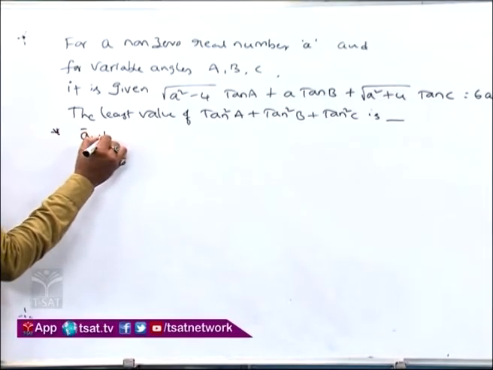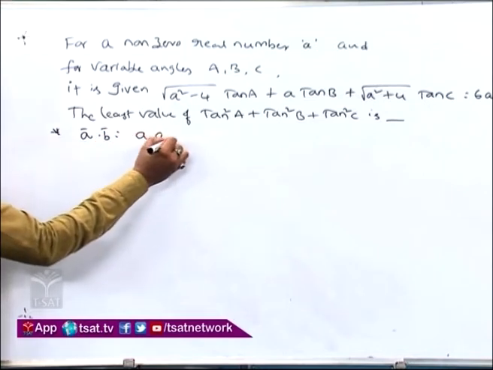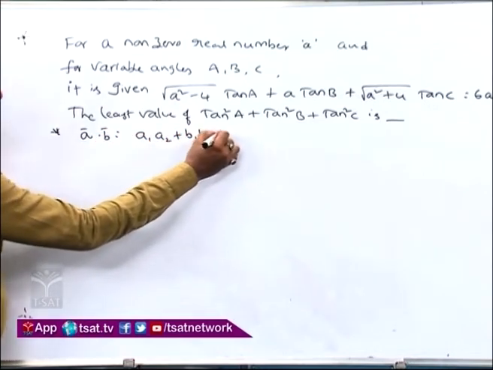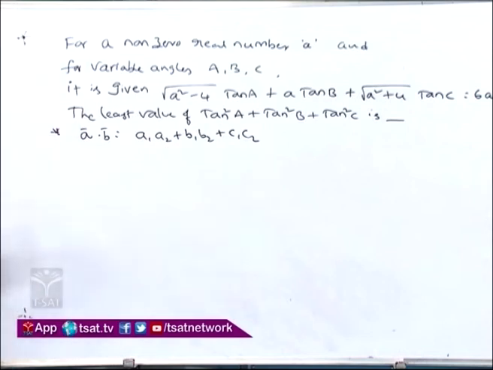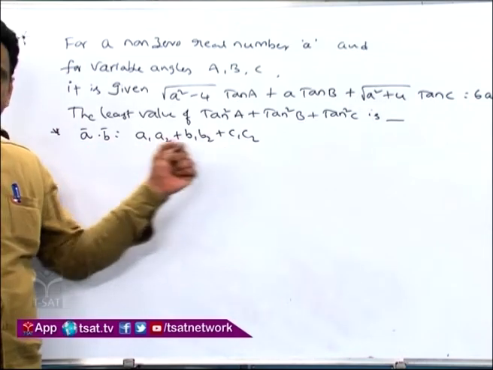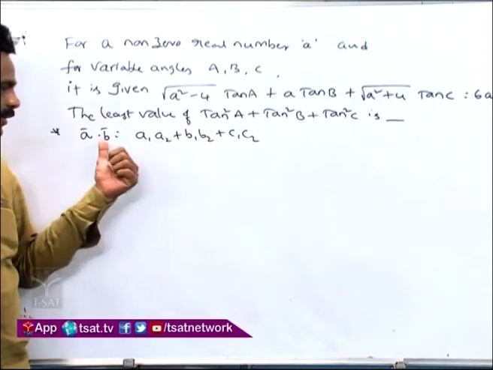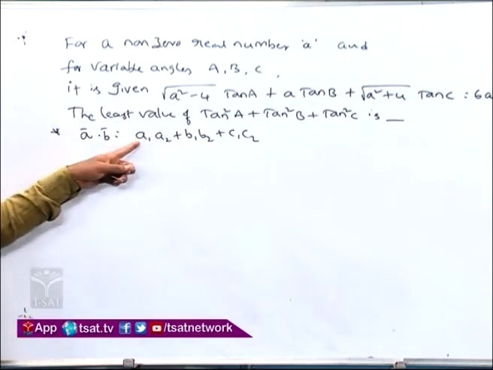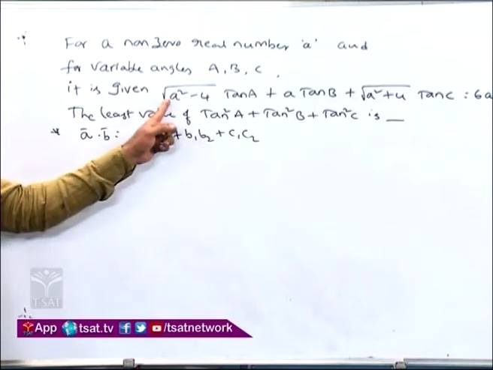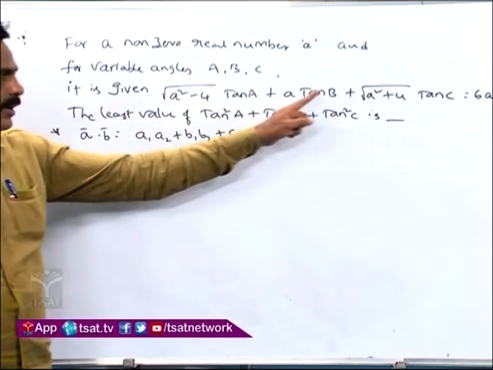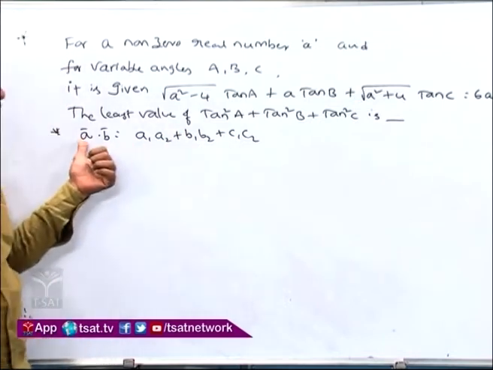A bar dot b bar can be written as a1 a2 plus b1 b2 plus c1 c2, where a1 b1 c1 are components of the first vector a bar, and a2 b2 c2 are components of the second vector b bar. So if we replace a1 b1 c1 respectively by root of a square minus 4, a, and root of a square plus 4, we can choose vector a bar.